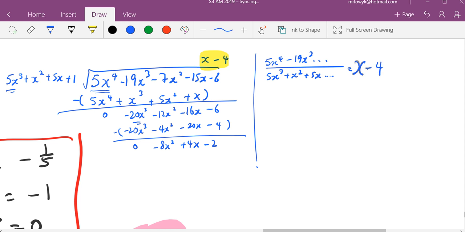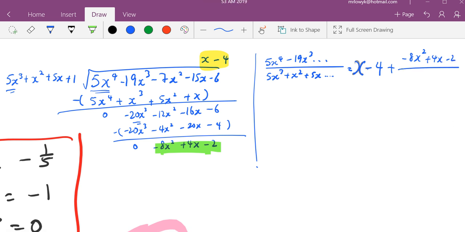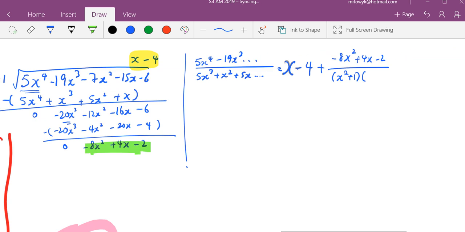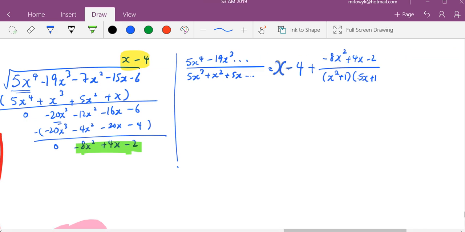Next is to write out the remainder, plus negative x squared plus 4x minus 2 over the 5x cubed. You change it to its fraction. Why? Because once you change it to its fraction, these two are the same, but then you can do partial fraction. This came from 7a.